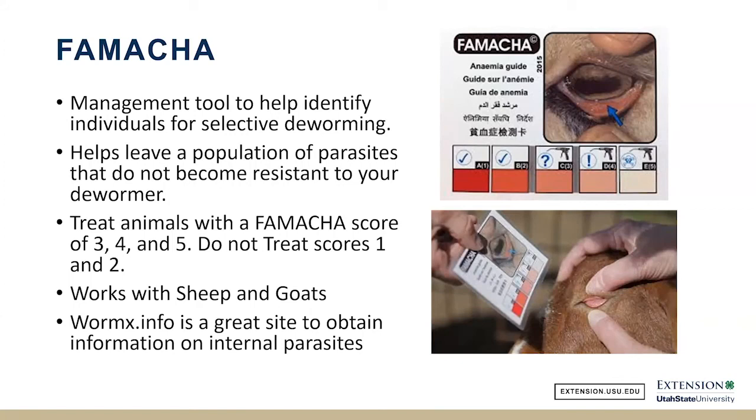And if they're not scoring that high, if they're only at a 1 or 2, we don't treat them at all. And what this does is it keeps a certain population of parasites that have never been exposed to our dewormer. And so it will stay effective on those particular parasites within our flock. So this works both on sheep and goats.